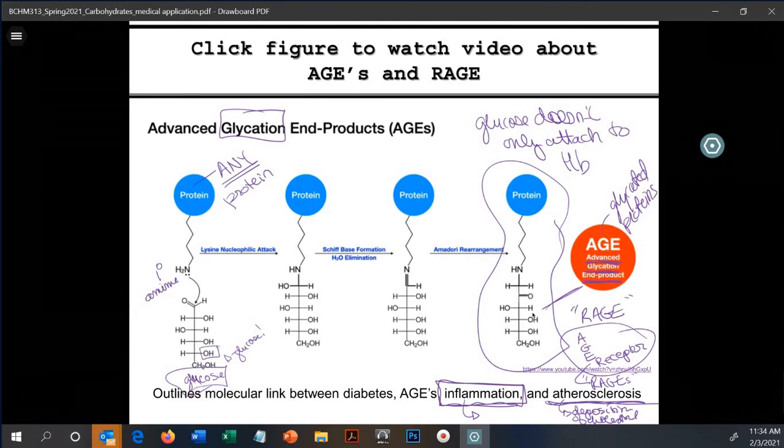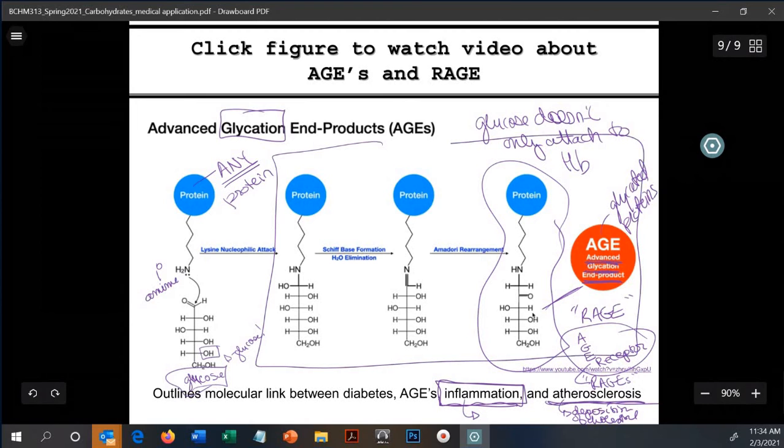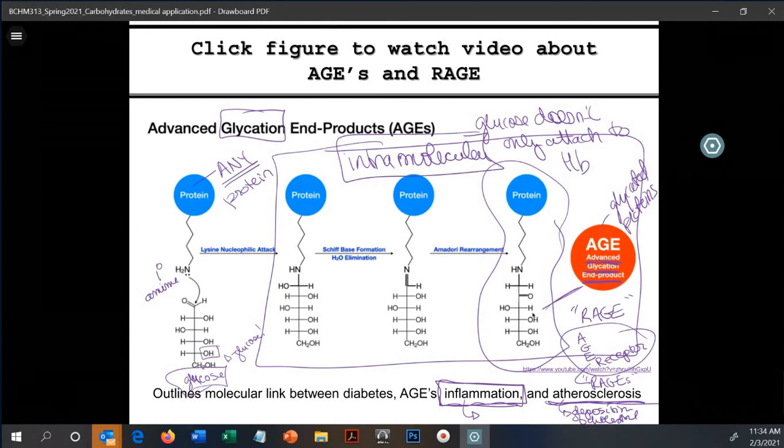Okay, so question from Preston. So to be sure, this is an intramolecular reaction that reacts with the nitrogen within the protein the glucose is attached to. This portion here that I'm circling, all this is intramolecular. And again, this has to do with rearrangements that are centered on that nitrogen.